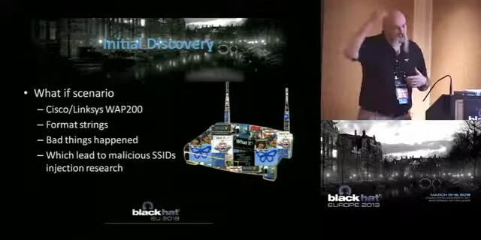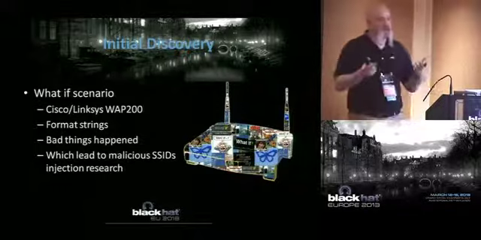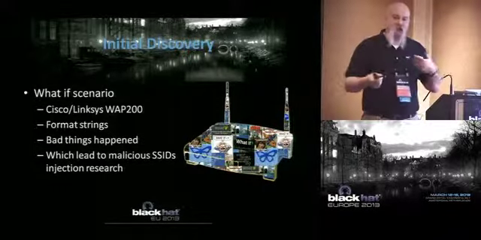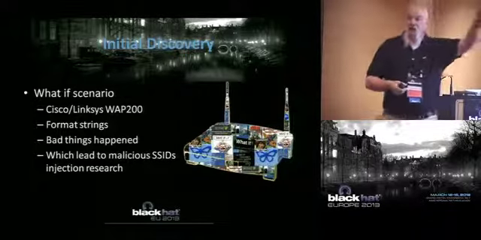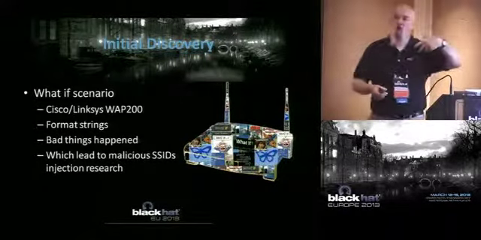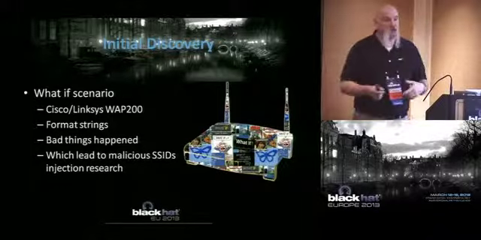In this case, I was actually looking at a Cisco Linksys WAP 200, which is a small business product. It was sitting in my office, and I received an email from some guys running a conference down in Louisville, Kentucky. They said, hey, Deral, we want you to go ahead and do your Format String Vulnerability 101 presentation down there. And it was the same time I was playing with this WAP 200.